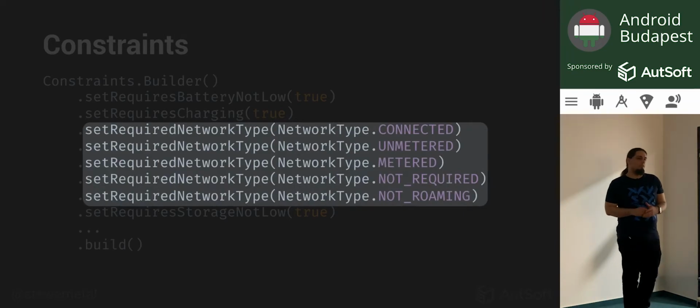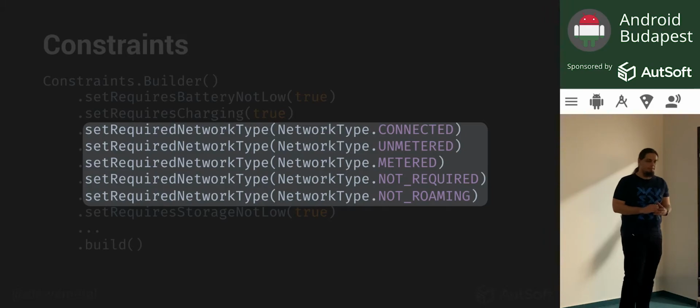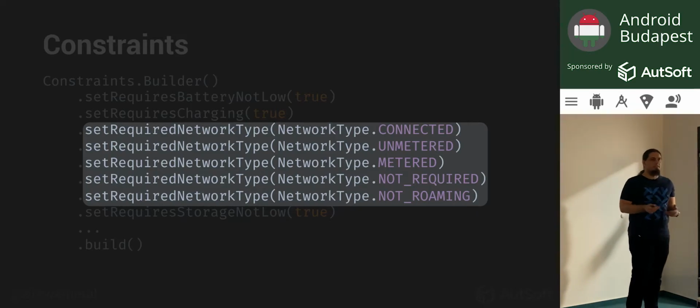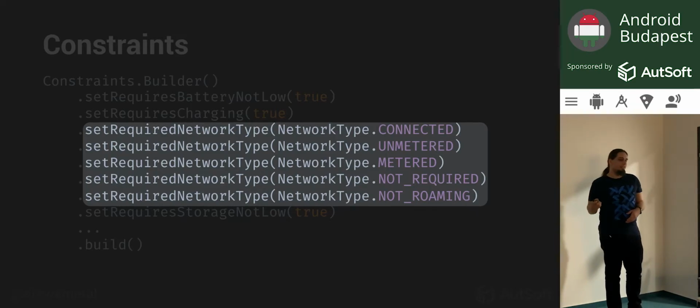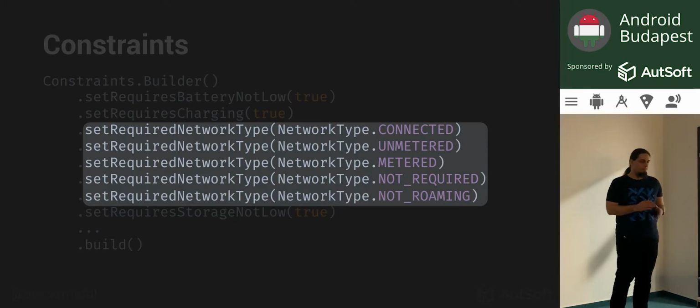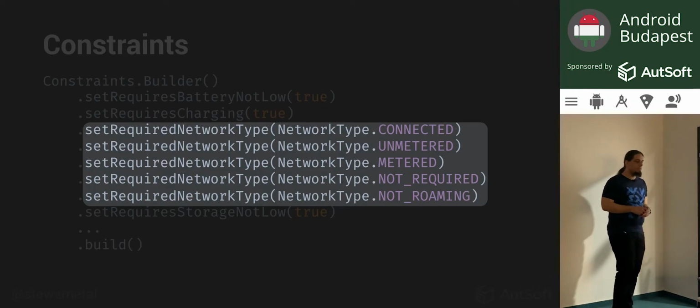The next few are the corresponding network type requirements. If you don't define any network type requirements, then the work won't depend on any network conditions. But if you do, then it is inferred that at least somehow the device needs to access the internet for this work to go on.